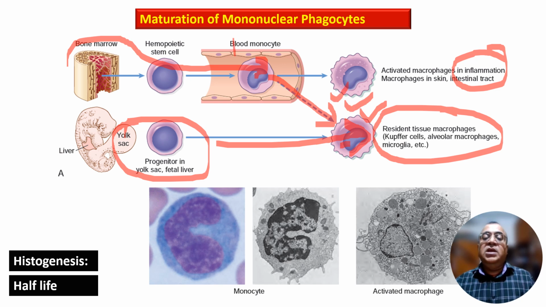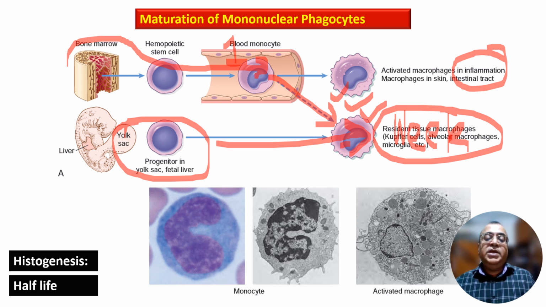In the circulation, they have got a lifespan of only 1 day, while in the tissue they can live up to weeks or months.